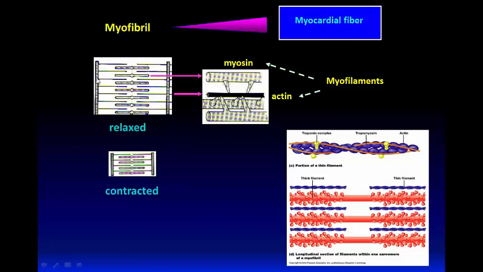The myofibrils are composed of sarcomeres, and the sarcomeres are composed of myofilaments. The thick myofilaments are known as myosin filaments, and the thin myofilaments are known as actin myofilaments. So here we have a sarcomere in the relaxed state, and here we have a sarcomere in the contracted state, where the thin myofilaments slide over the thick myosin filaments.